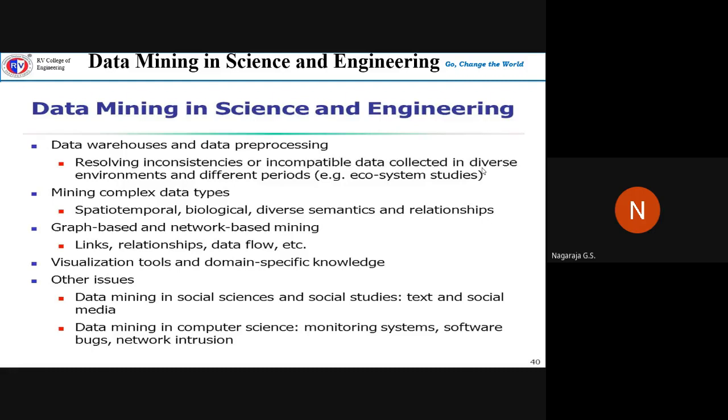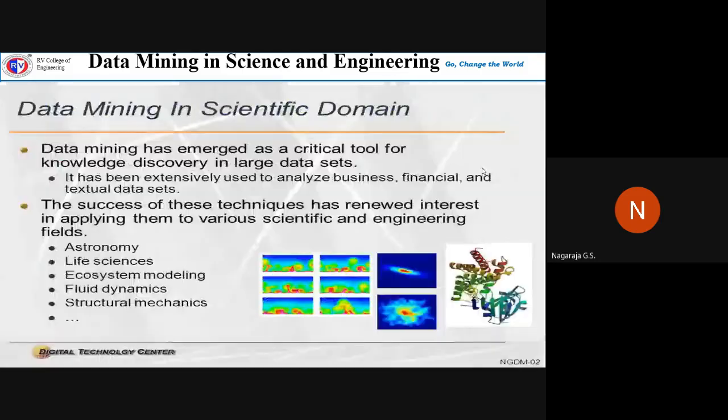It may be domain specific most of the time. The other issues: data mining in social sciences and social studies, maybe text and social media; data mining in computer science, that's monitoring systems, software bugs, network intrusion. So these are some other issues you can also look at in case of science and engineering.